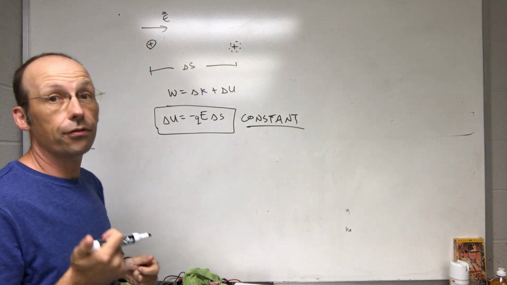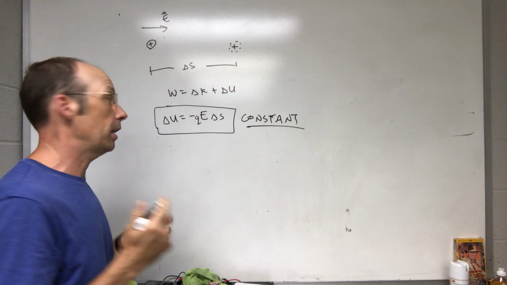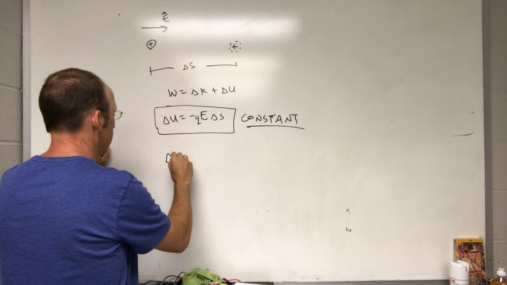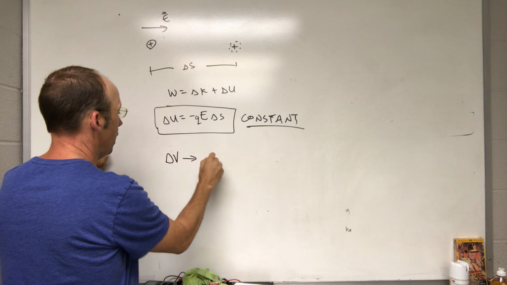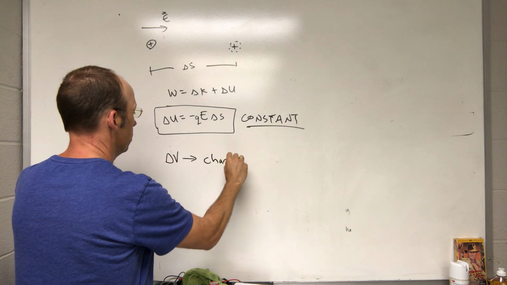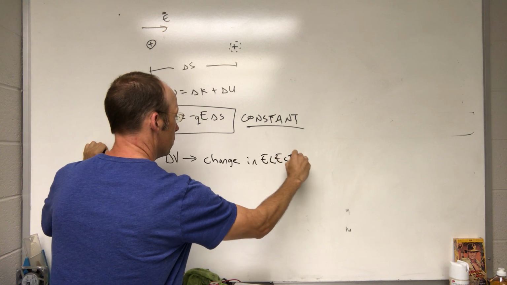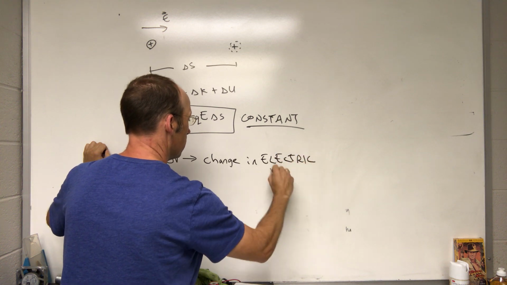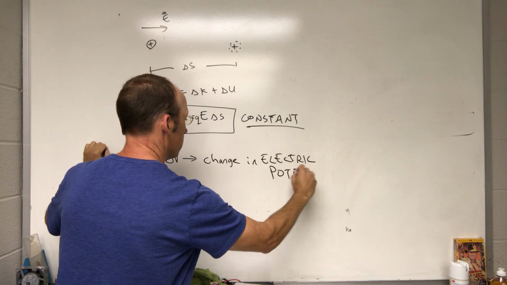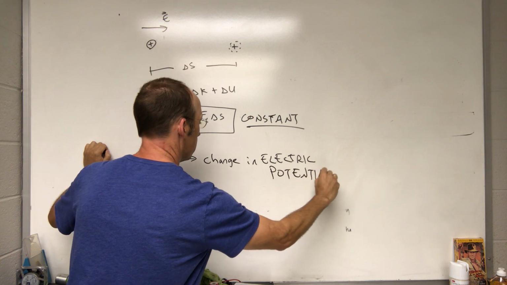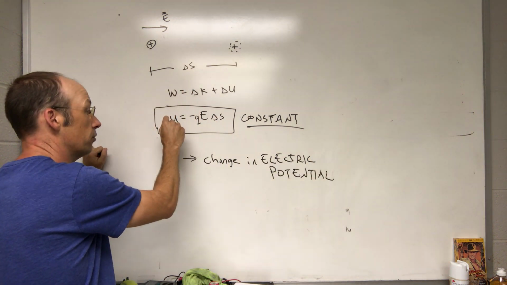Now, we have another thing that we like to think about. We like to think about delta V. This is the change in electric potential. So this is the change in potential energy.